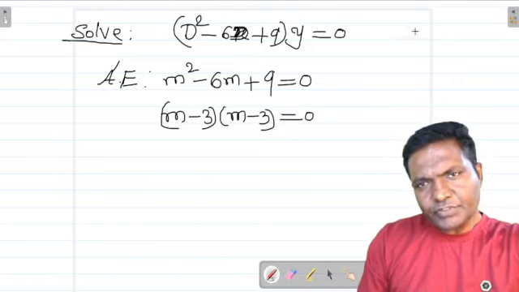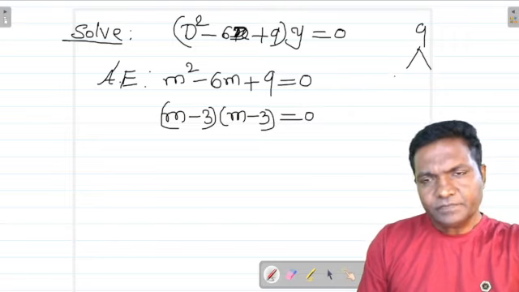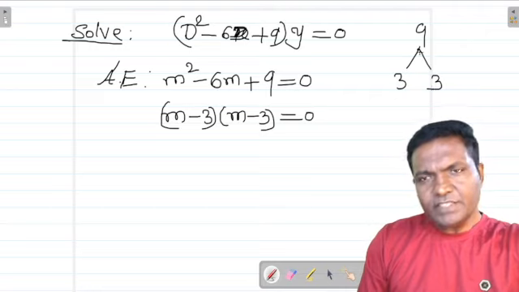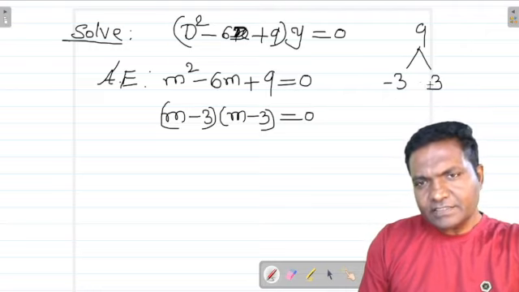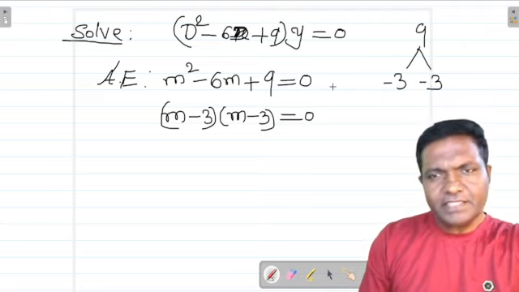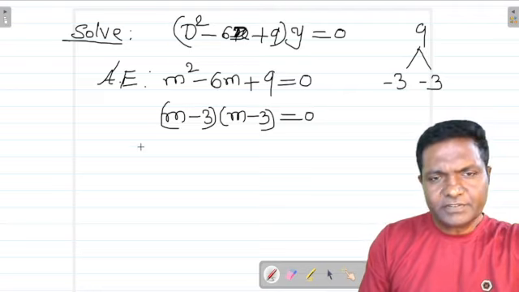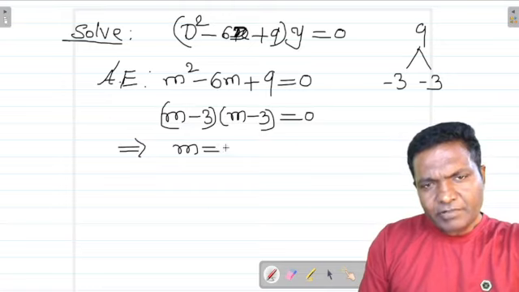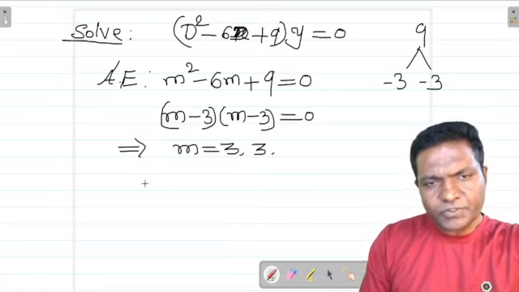Because if you break 9 as 3 into 3 is 9, and minus 3 minus 3, their addition is minus 6. So this gives you m equals 3 and 3. So these are the repeated roots.